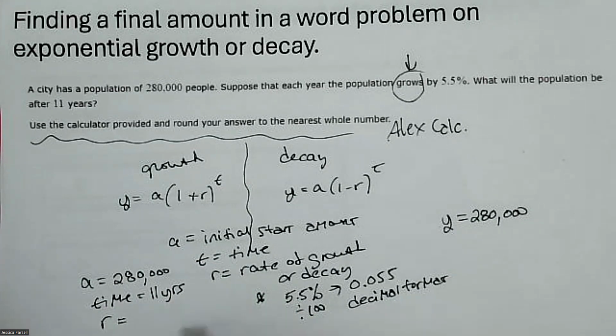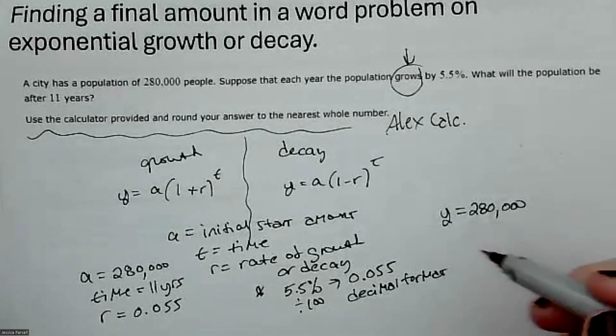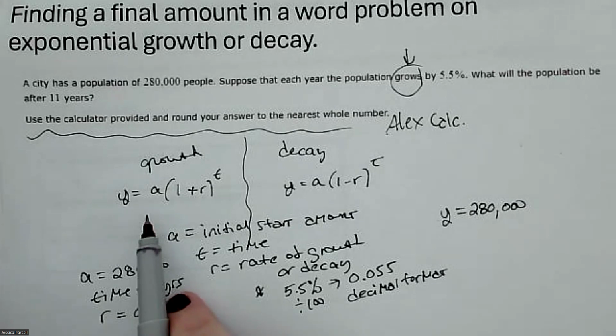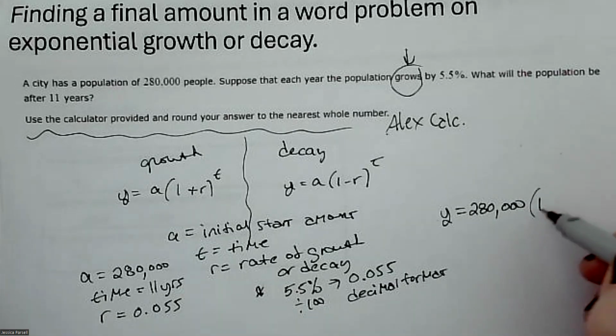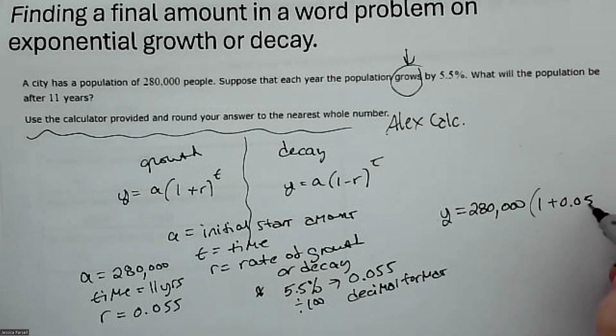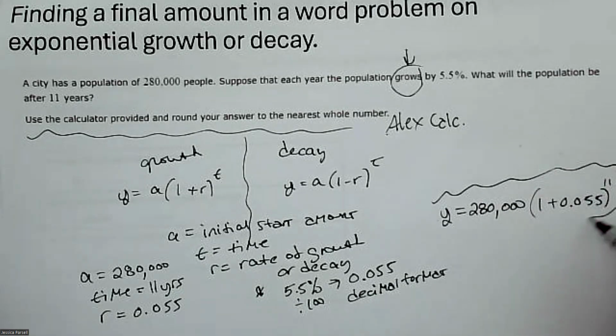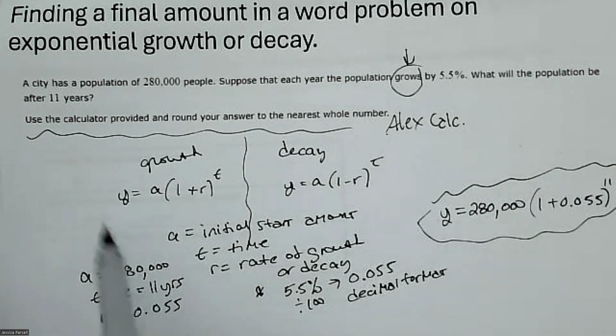Rate is equal to 0.055. So y equals our initial start, A, times 1 plus the rate, 0.055, raised to the time, which is 11. This is the equation that you're going to use to help answer this question.